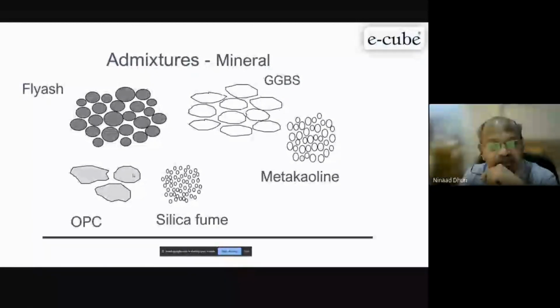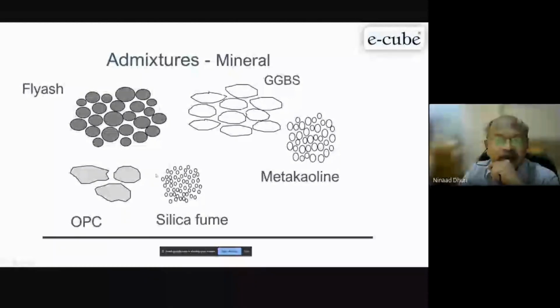So it is like coarse or fine aggregate, though very fine, less than 45 micron or 90 micron. Similarly, GGBS is also similar in nature because it is also crushed to particular fines. Metakaolin is also similar but slightly rounded.